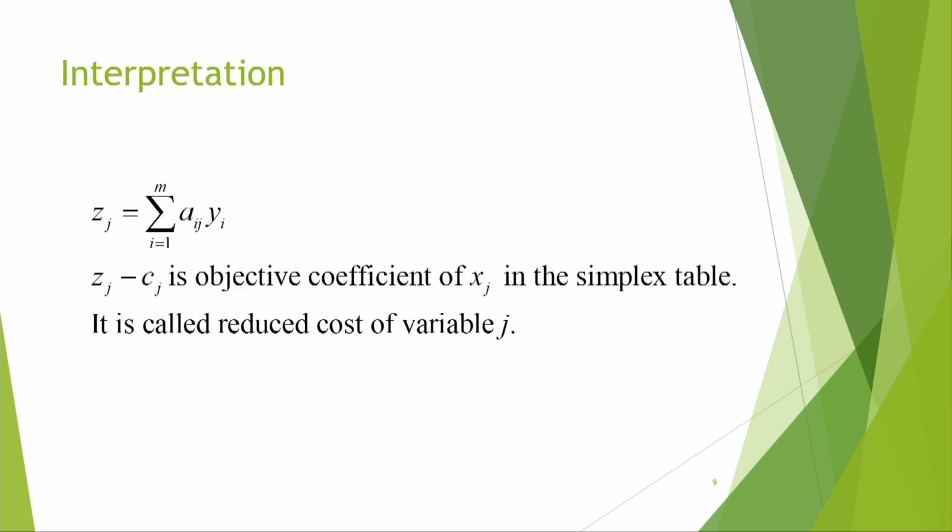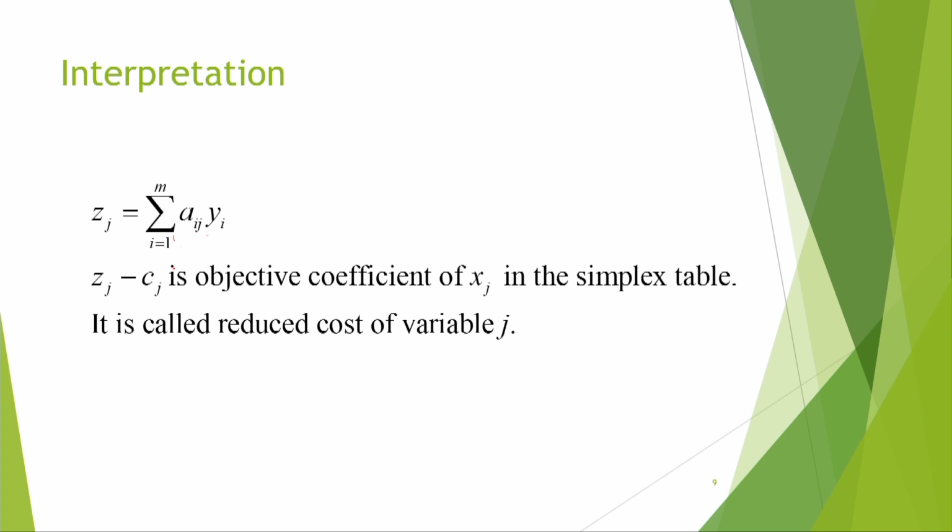So, the interpretation is that we can even say Zj is equal to sigma i equals 1 to m of Aij Yi; we can use that symbol. People use that, and then say Zj minus Cj is the objective coefficient of Xj in the simplex table. In some books they call it the reduced cost, and since Cj is already known, they calculate it again and again.